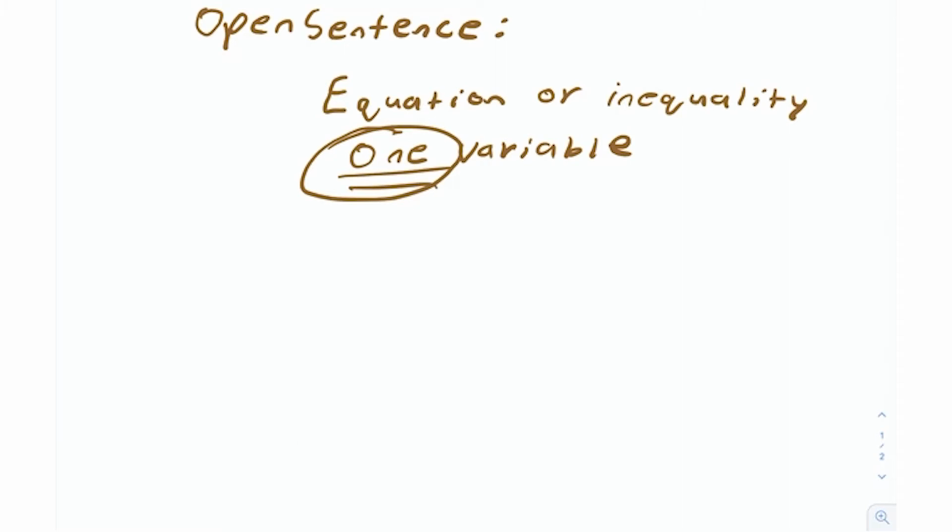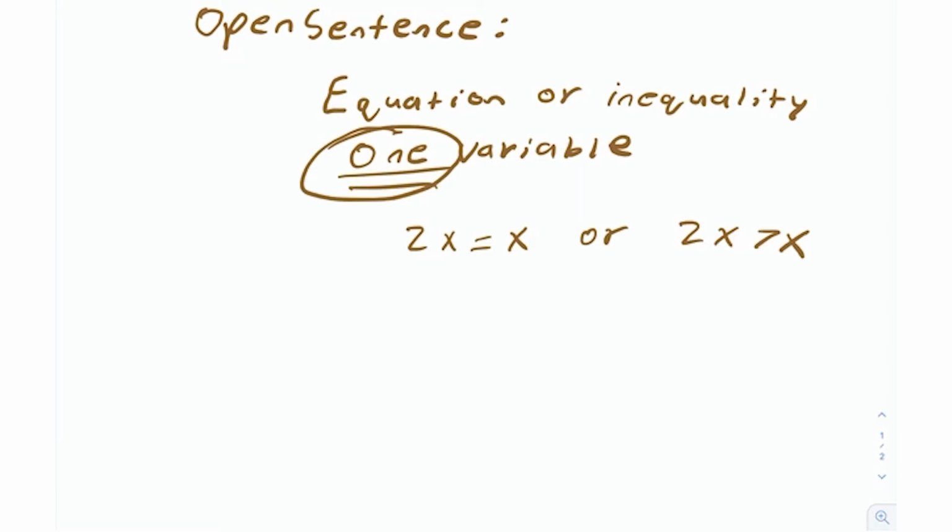If there are no variables, then the equation or inequality is not an open sentence. This means that if you have an equation like, let's say, 2x equals x, or an inequality like 2x is greater than x, instances like this are when you're supposed to be using an open sentence.